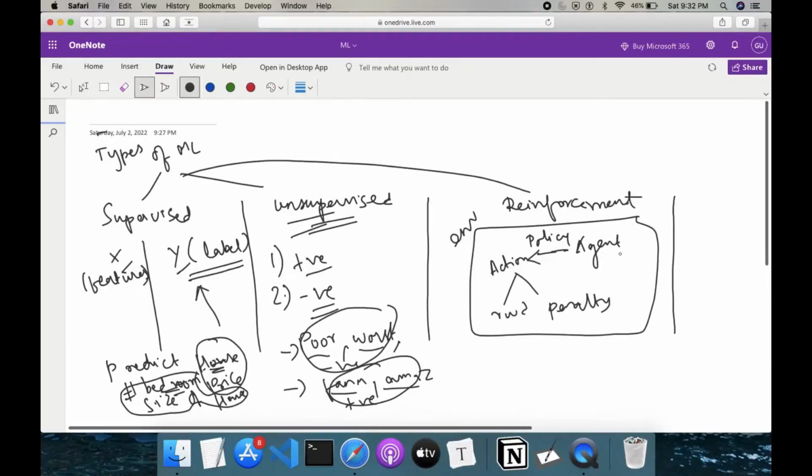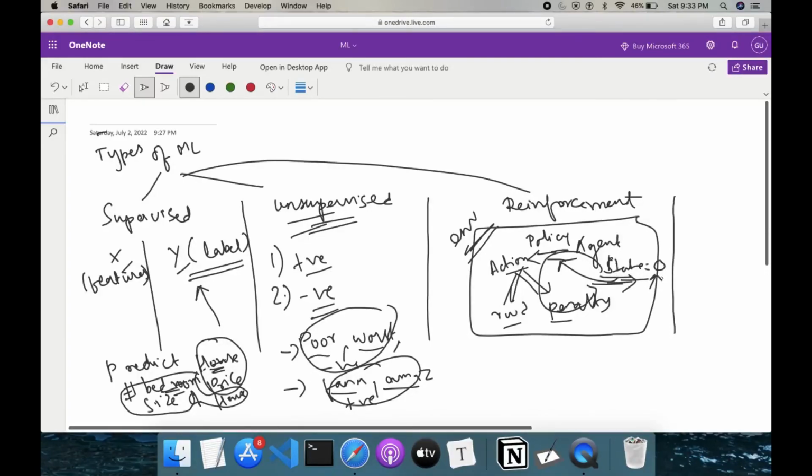Initially the agent will be at some state, state 0. Once it goes through the policy, it takes some action, and based on the reward or penalty, the state will change. Once the state has changed, it will again go through the policy, take actions, and get a reward or penalty, and again the state will change. So in this continuous learning, it will try to understand the environment, take actions, and keep updating its state for improvement.